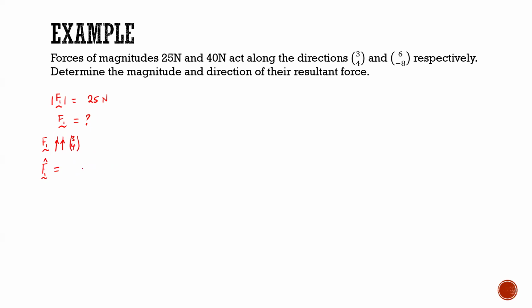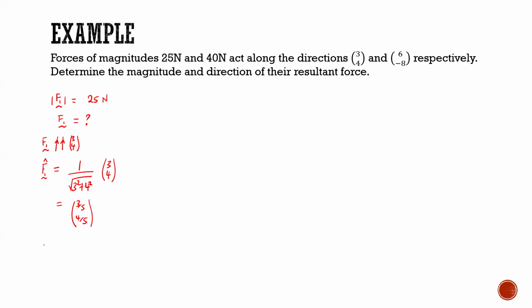How do we get the unit vector of 3, 4? It's going to be 1 out of the magnitude of 3, 4 times the vector 3, 4 itself. And this, when you work it out, is in fact 3 out of 5 i plus 4 out of 5 j.